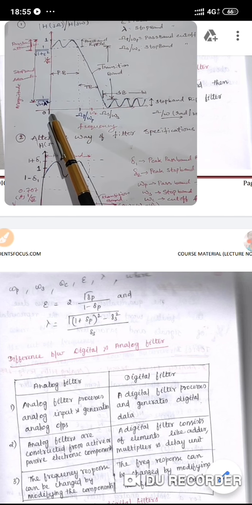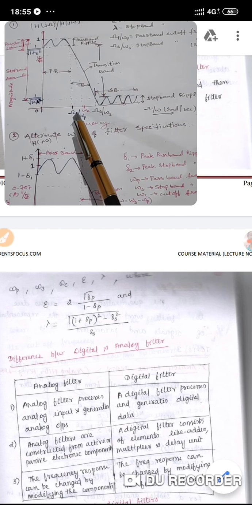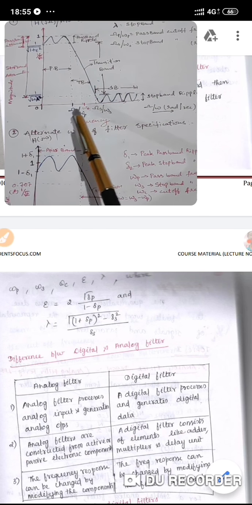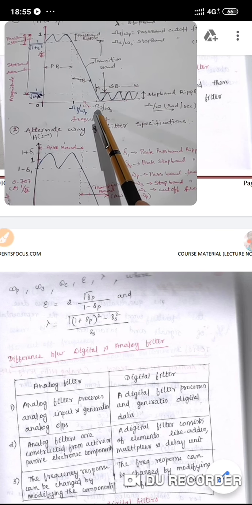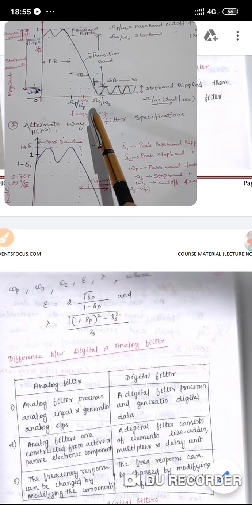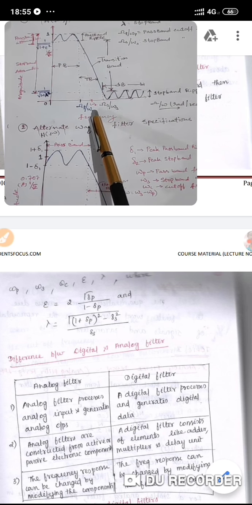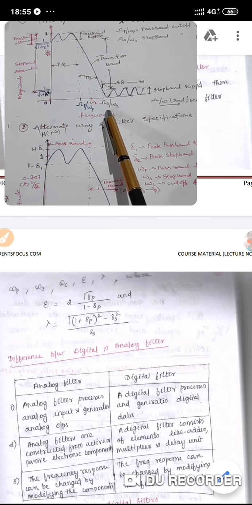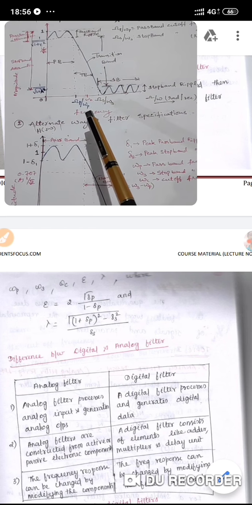From 0 to omega p is the pass band, omega p to omega s is the transition band, and greater than omega s is called the stop band. If you want to find the transition band omega t, it is given by omega s minus omega p.